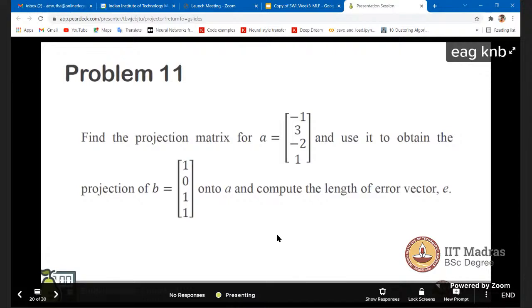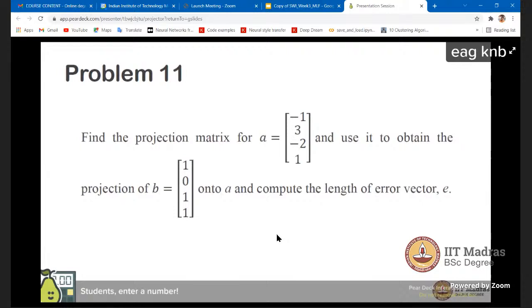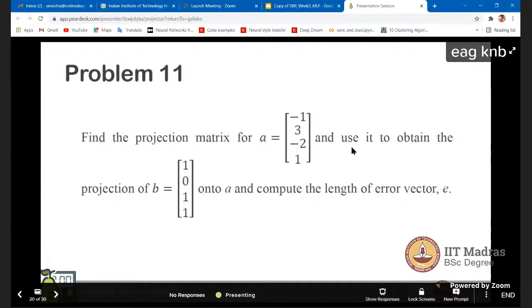You should find the projection using the projection matrix formula. And you can type in your answer to 2 decimal places. To get a float value, you can type with 2 decimal places.